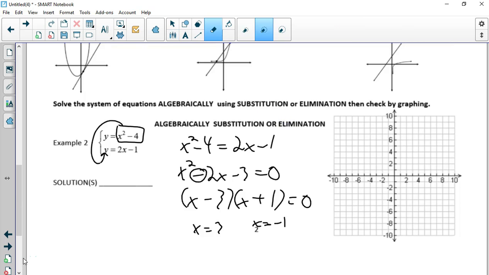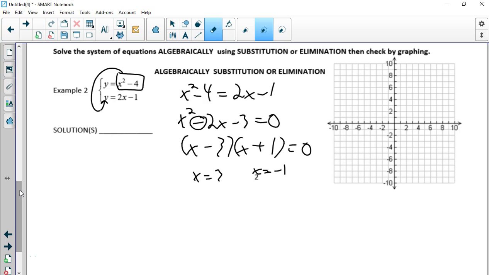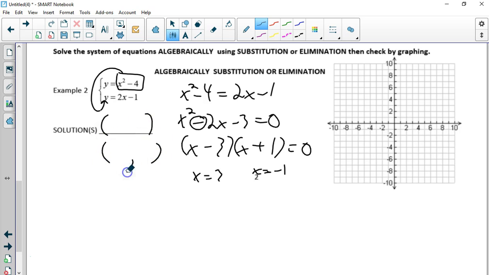Remember, these are my x solutions. These are just part of two points. So I'm going to have two points here. -1 and 3.